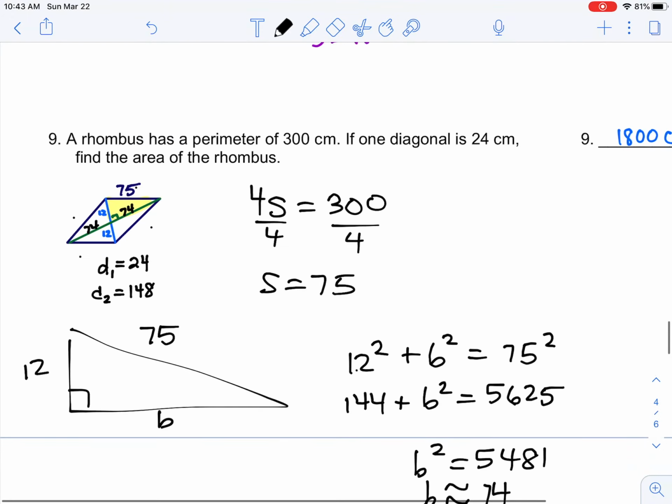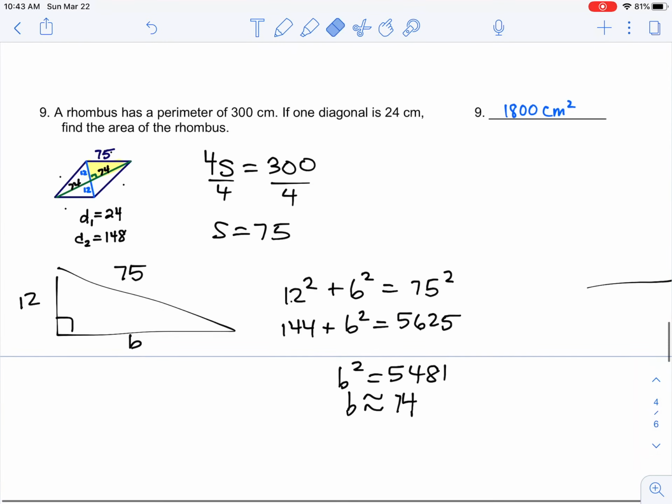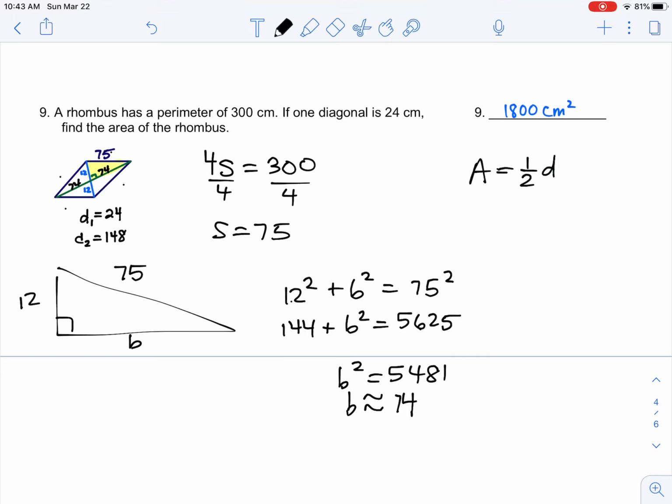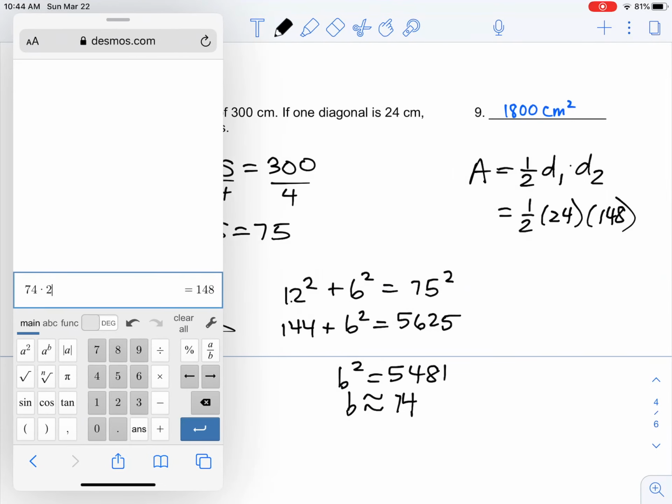Okay, kind of a lot of work to this problem. Now I'm going to take a look at the area for a rhombus, which is 1/2 diagonal 1 times diagonal 2. So that's going to be 0.5. Oh my gosh, this calculator doesn't like to let me press in the bottom row.